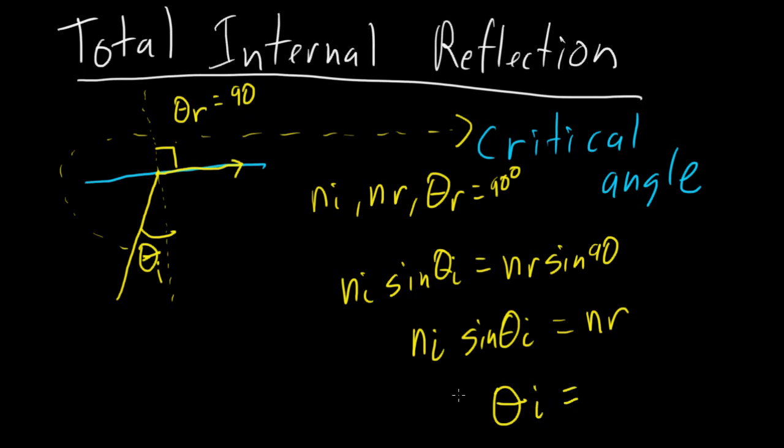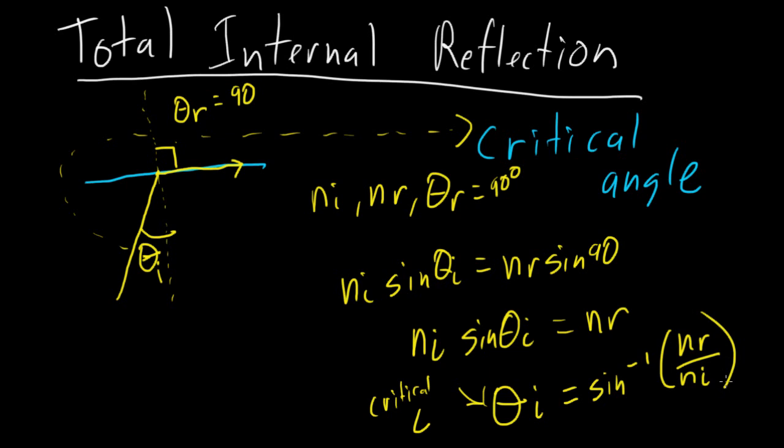The angle of incidence, which in this case, critical angle, would be the sine inverse of Nr over Ni. That would get you the critical angle every single time, if you knew those two things, if you knew the two indices. So, there you go. That's basically it.